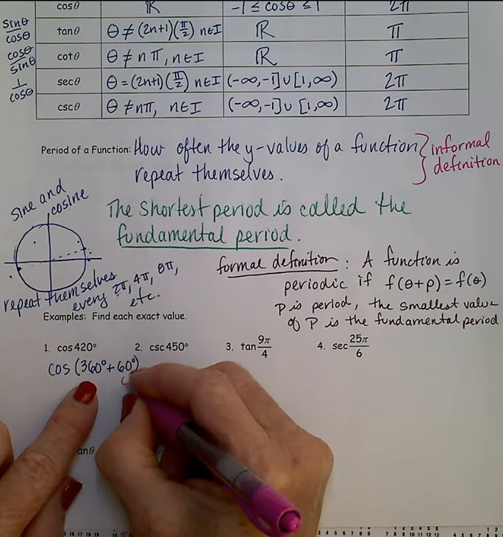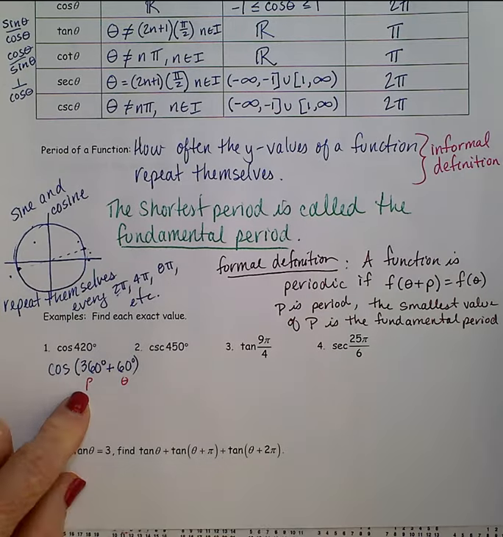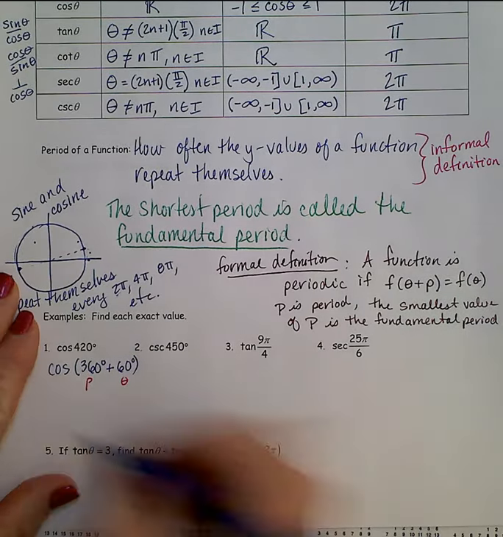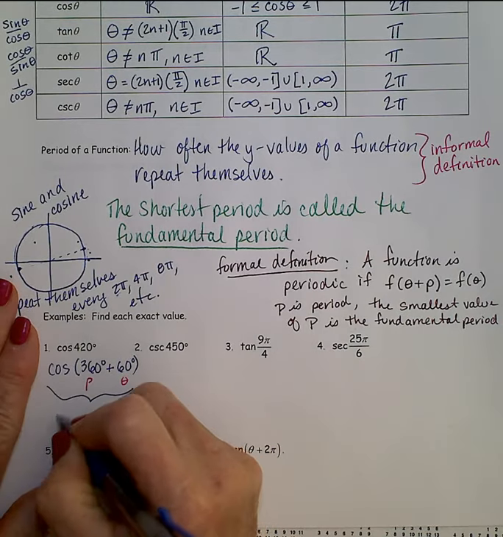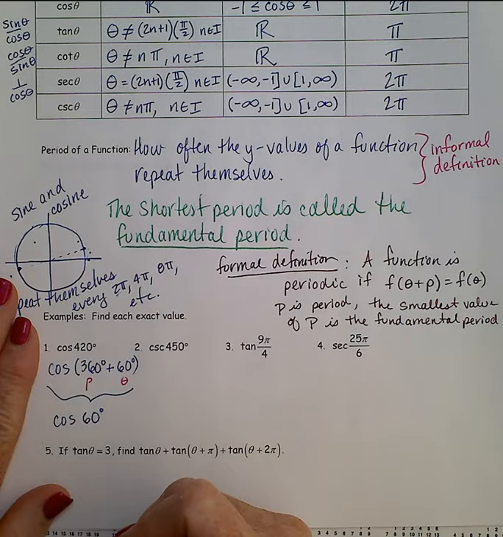There's the angle, and there's the period p. So this is the same as cosine of 60, which is a half.